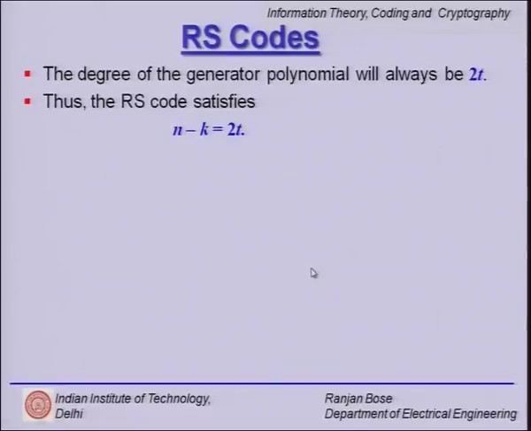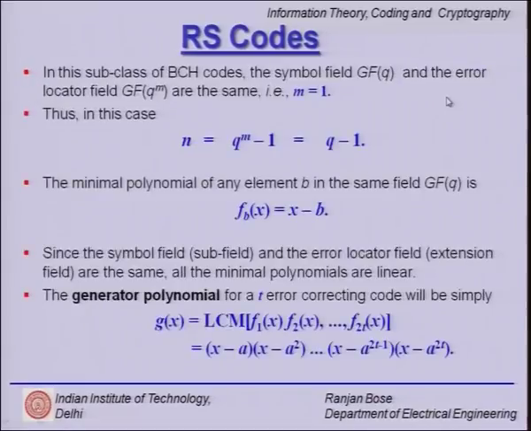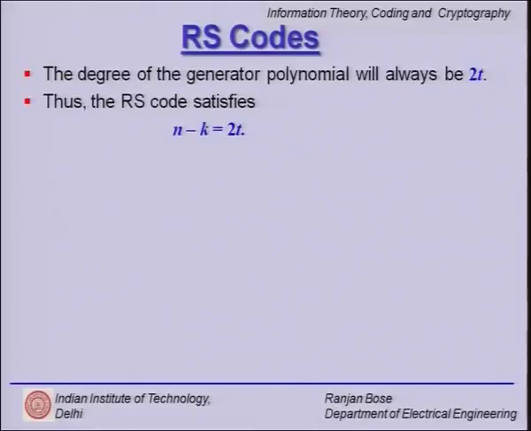Now, we are talking about the t error correcting Reed-Solomon codes, and the degree of the generator polynomial we just saw will always be 2t. Please note that there are 2t linear factors. So, all the x's multiply, and the highest power will be x raised to 2t.